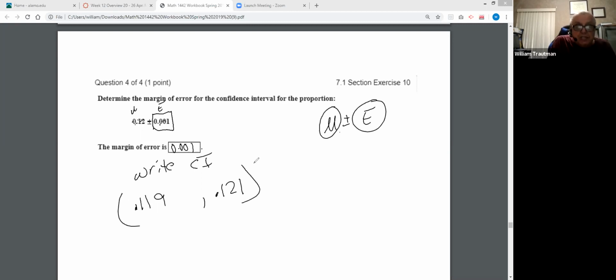So this is the confidence interval. But they just said, what is the margin of error? The margin of error is whatever you're plus or minusing. You add it to the right side to get the high side, and you subtract it to the left side to get the low side. And now you're done with 7.1. That's it.